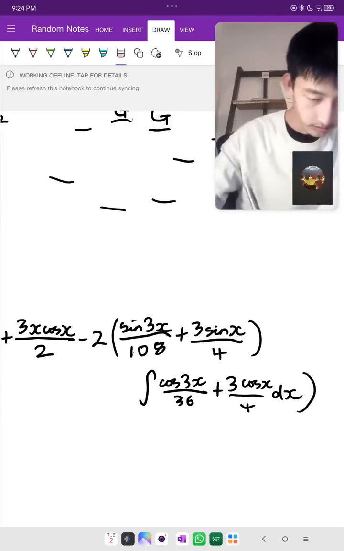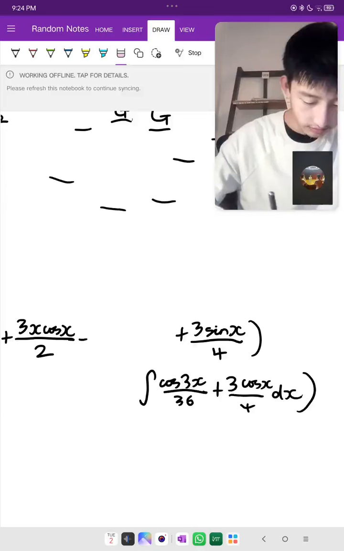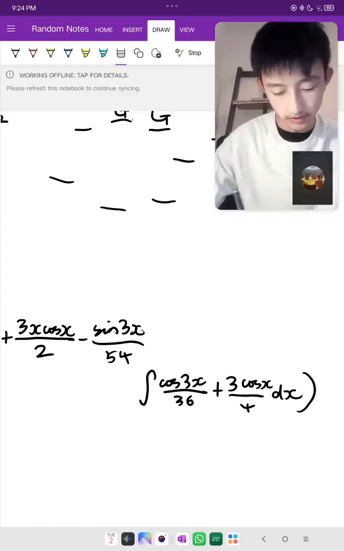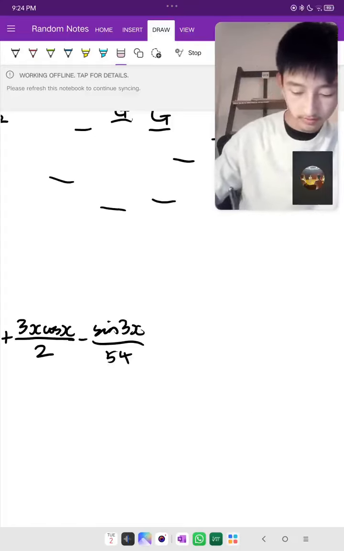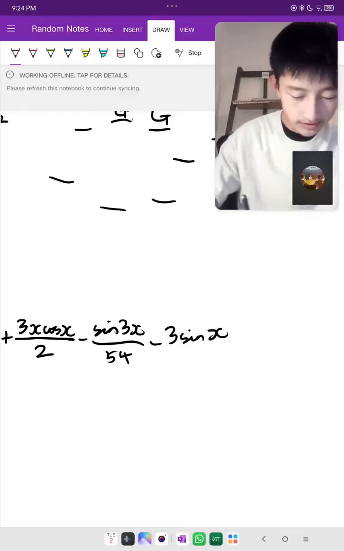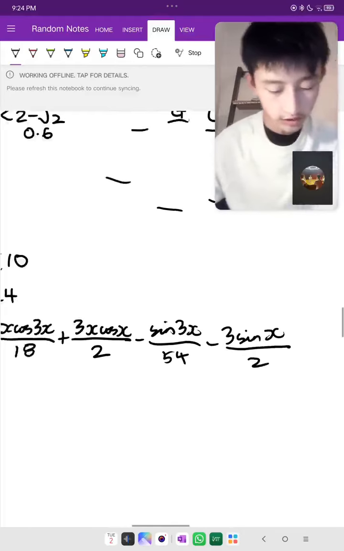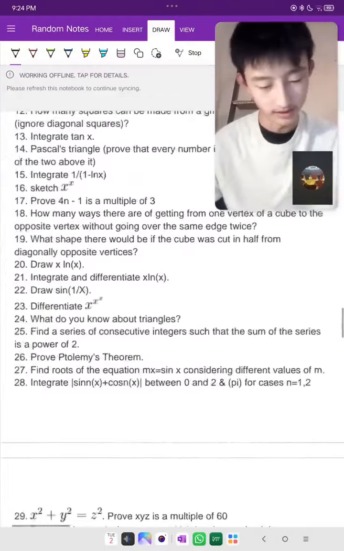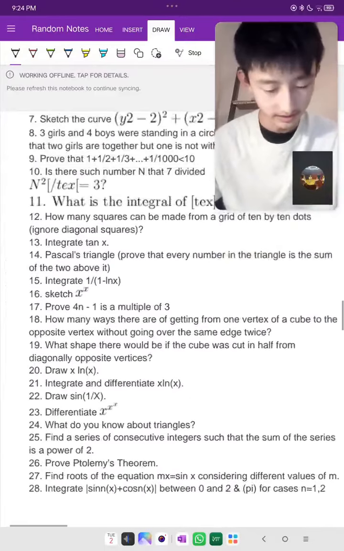So that means we're subtracting sine 3x over 54 and subtracting 3 sine x over 2. Which is an absolute monstrosity. Part of me hopes that isn't the answer.